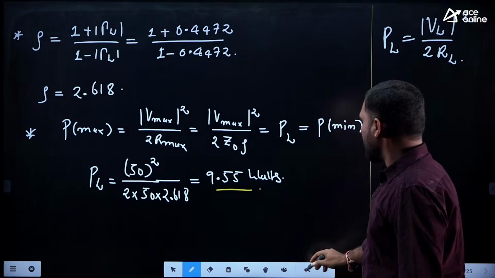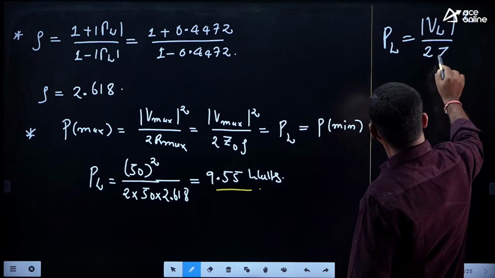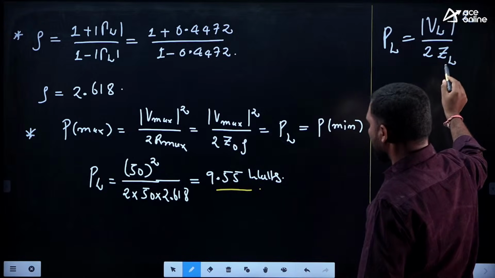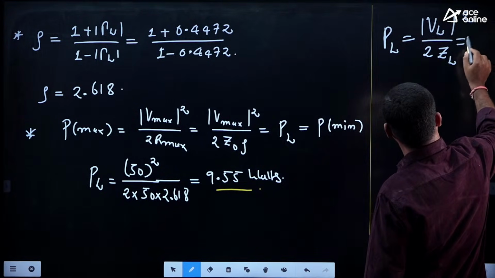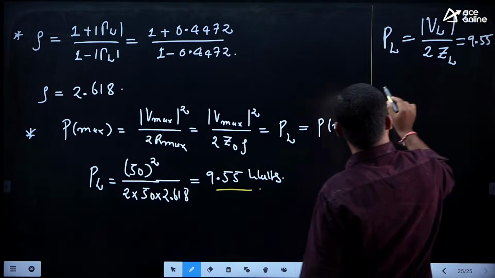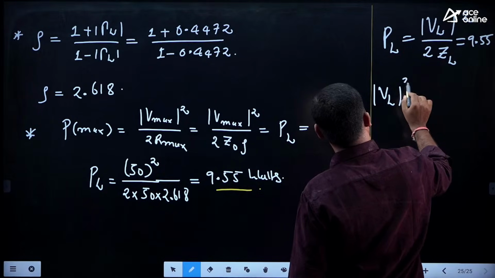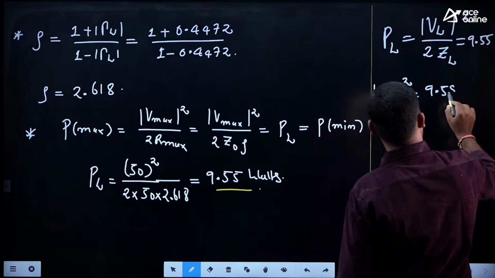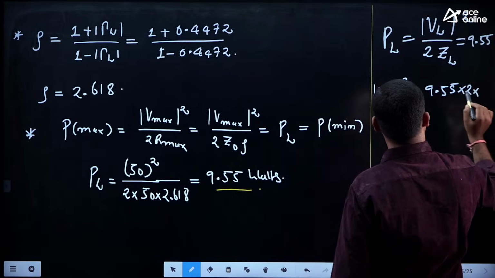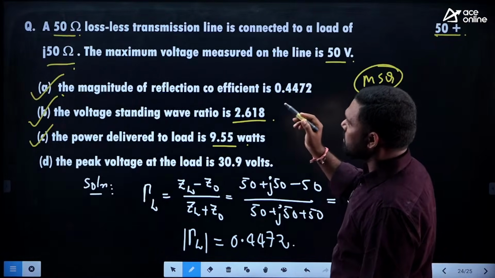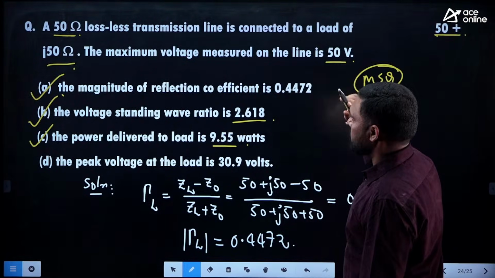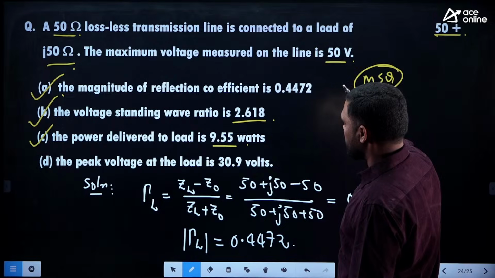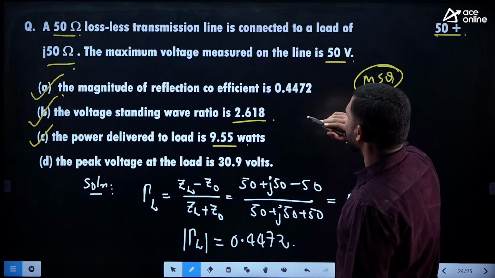So from here, we know that it is 9.55. So VL magnitude square is equal to 9.55 into 2 into ZL. What is ZL here? The load impedance is 50 plus J 50.